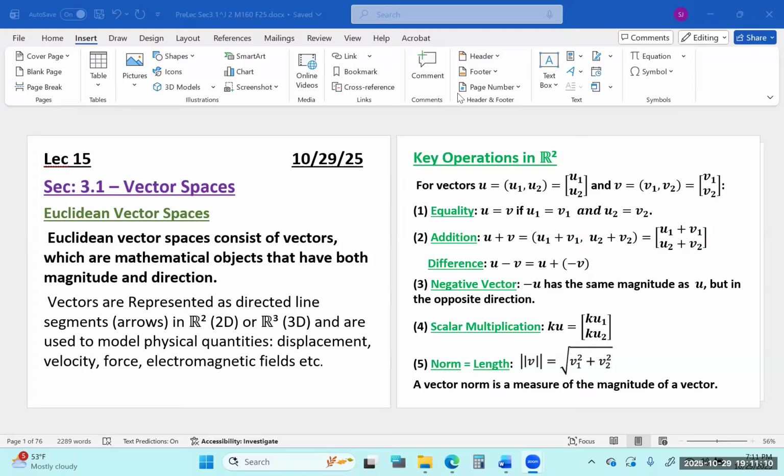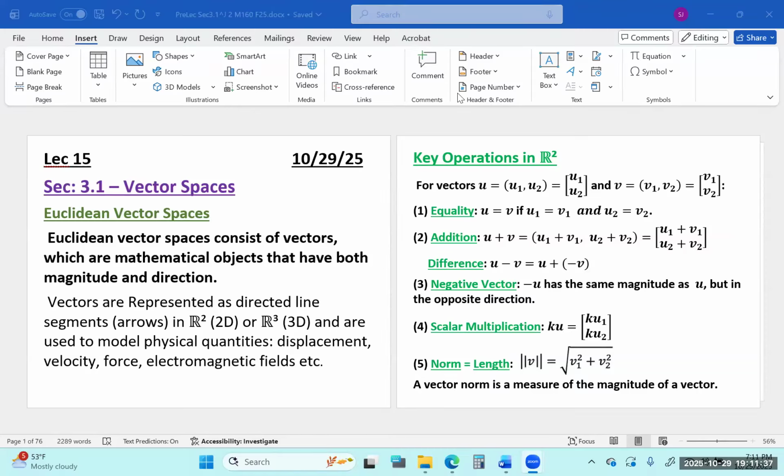The key operations we do in R2 space: if you take any two vectors, let's say U and V, the components for U are U1, U2, and components for V are V1, V2.